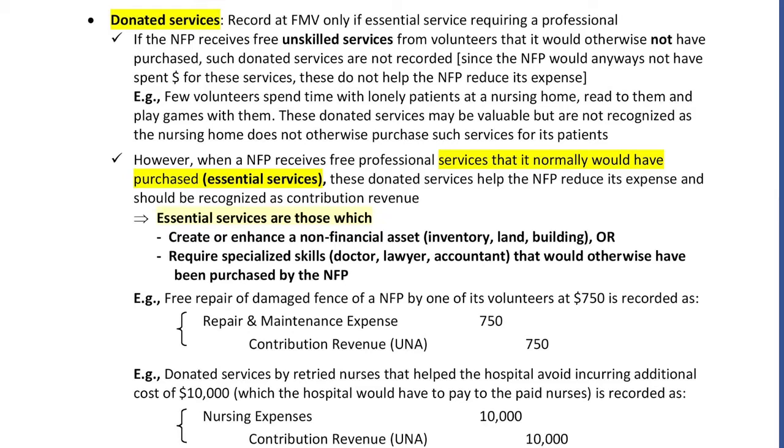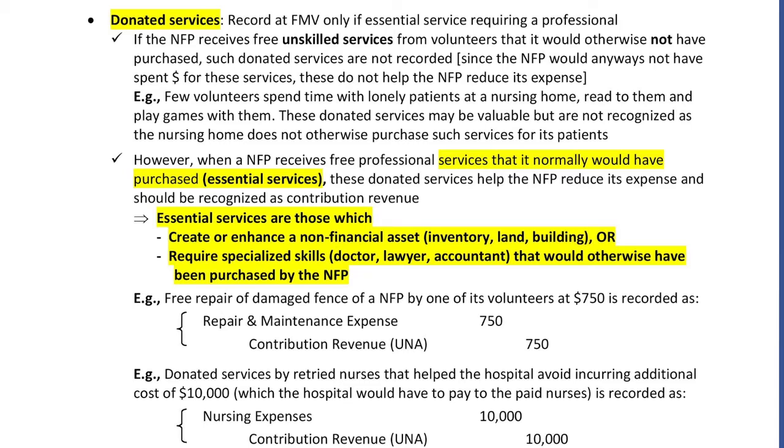Highlight essential services are those which create or enhance a non-financial asset, for example, inventory, land, building, or highlight require specialized skills like a doctor, lawyer, or an accountant that would otherwise have been purchased by the not-for-profit.